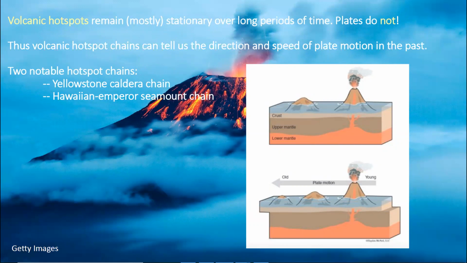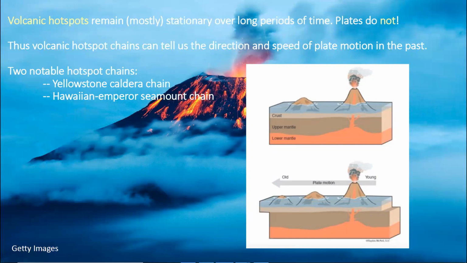The Hawaiian Emperor Seamount chain has two parts. It's got the Emperor chain and it's got the Hawaiian chain. The Emperor chain is older than the Hawaiian chain, and these two chains form an approximately 100-degree angle from one another. So they actually point in different directions.